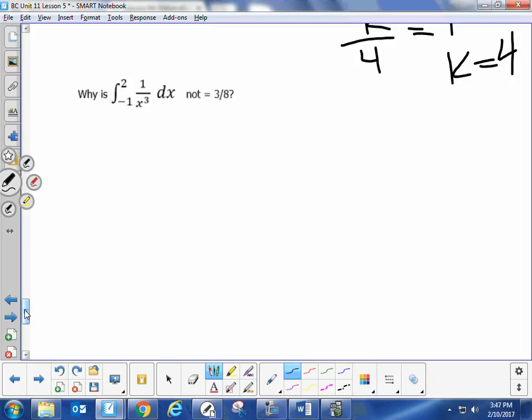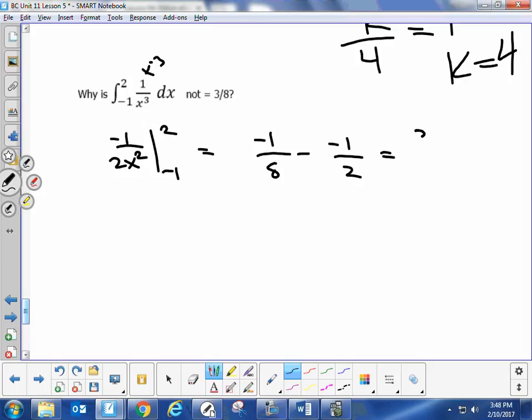It's x to the negative third, so this is negative 1 over 2x squared from negative 1 to 2, and you'd get negative 1/8 minus negative 1/2. That's negative 1/8 plus 4/8, so that's 3/8, right? You'd think 3/8. Wrong. It's a vertical asymptote that's at 0.